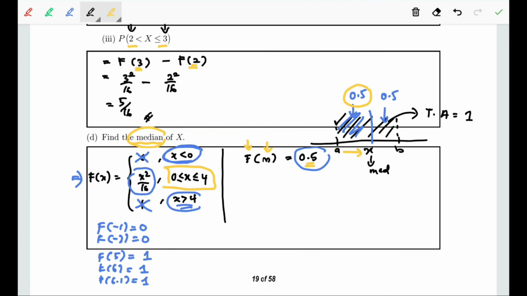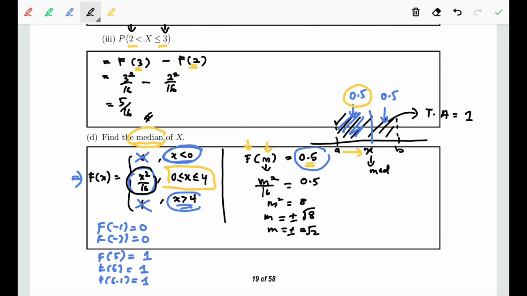So what we need to do is substitute m into this function. That will give you m squared over 16 equals 0.5. Solving it, m squared equals 8, so m equals plus or minus square root of 8, which is 2 root 2.